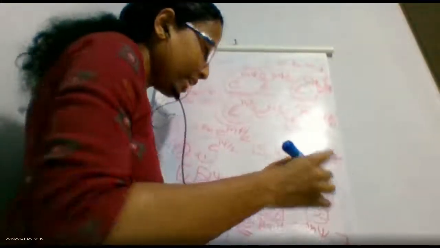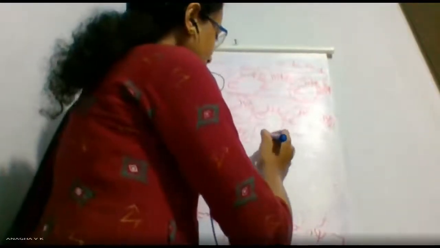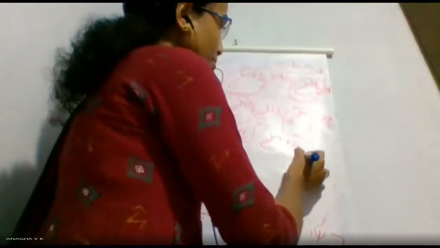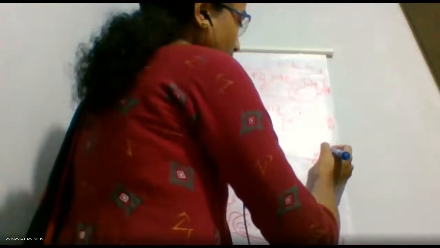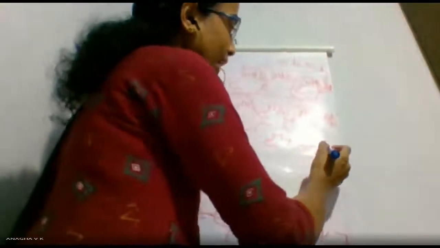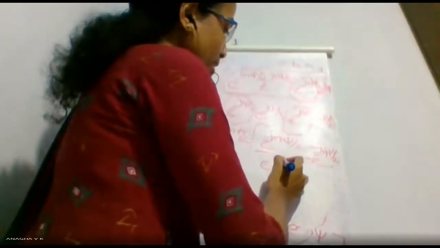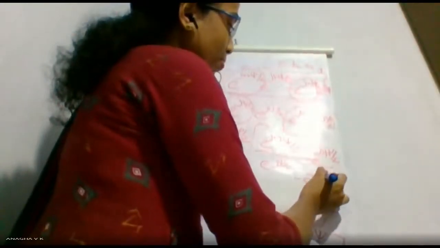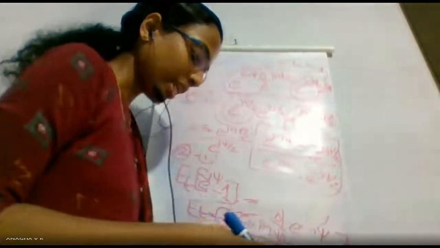Okay. Into what? Into e raised to j n psi by 2 minus e raised to minus j n psi by 2 by e raised to j psi by 2 minus e raised to minus j psi by 2. Okay.